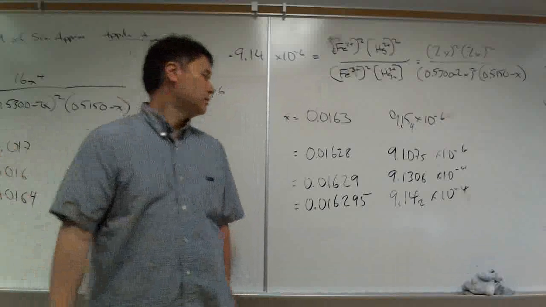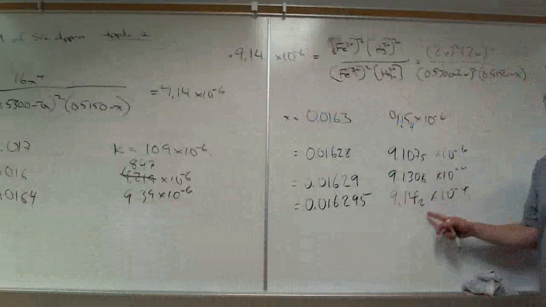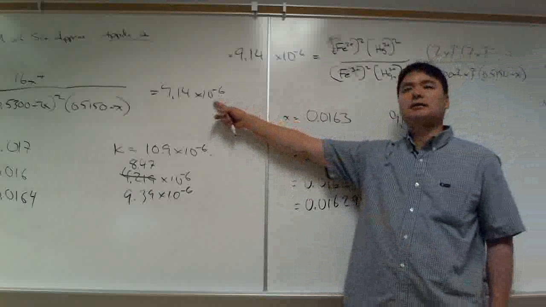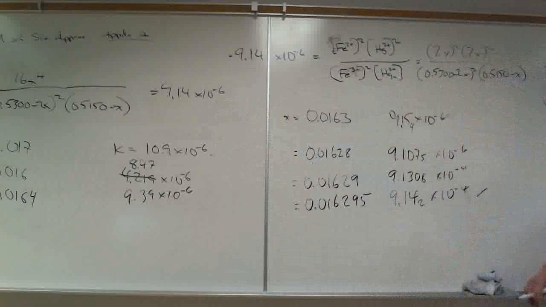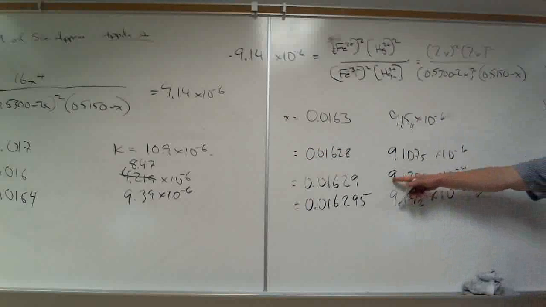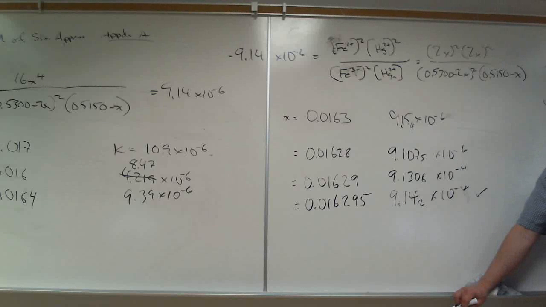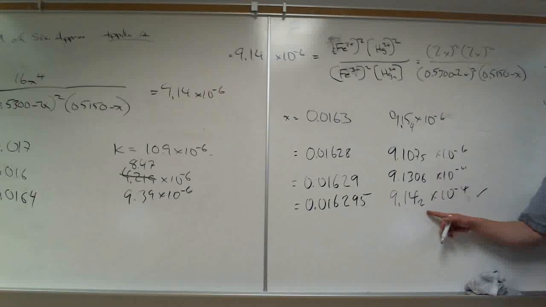Or the other point where we stop is that this has got to round to K. And so this rounds to K, and so we'll stop here. Even though we hit 6 decimal places here, it doesn't round to K. We just kept going here. Some people will keep going and get this to 9.140, but it's up to you.